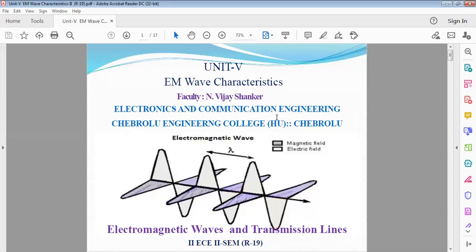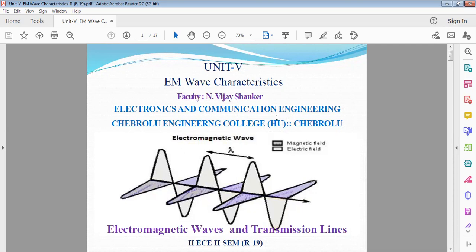Horizontal polarization means the electric field vector is perpendicular to the plane of incidence. Vertical polarization means the magnetic field is aligned parallel to the boundary surface, or otherwise, the magnetic field is perpendicular to the plane of incidence. Perpendicular polarization is also called horizontal polarization or E-polarization.